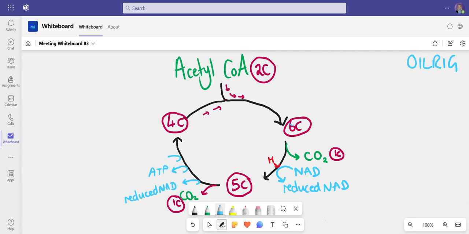We're then going to make another coenzyme, which we haven't come across yet. We've come across NAD as a way of carrying hydrogens, but now we're going to use an FAD to make a reduced FAD molecule. But it's the same thing, it's just going to carry hydrogens onto the last stage. And then we're going to make another reduced NAD.